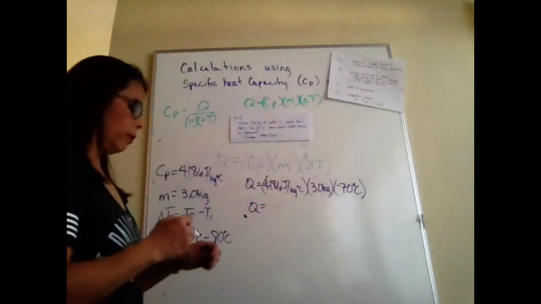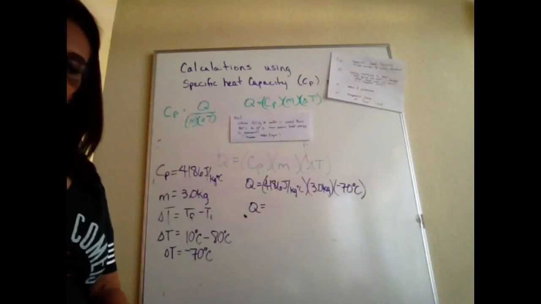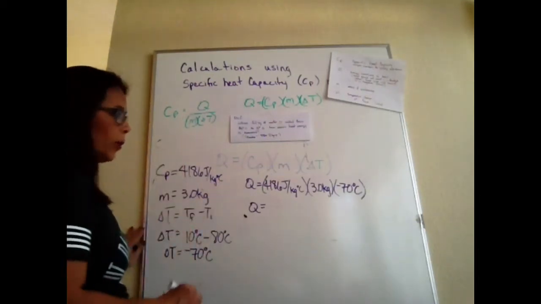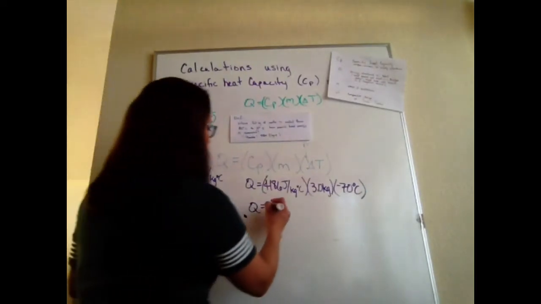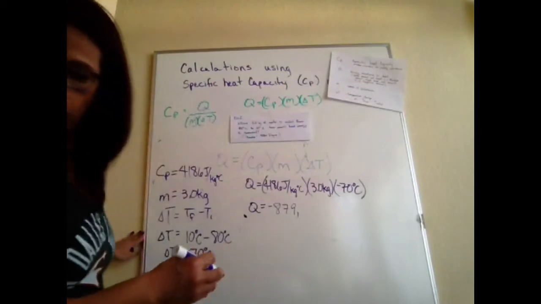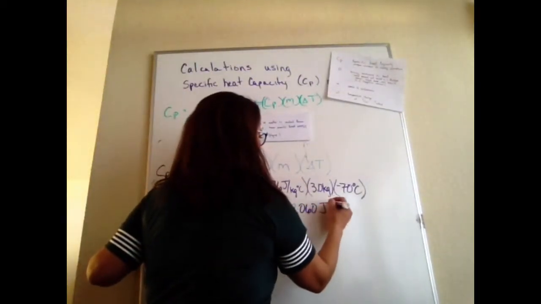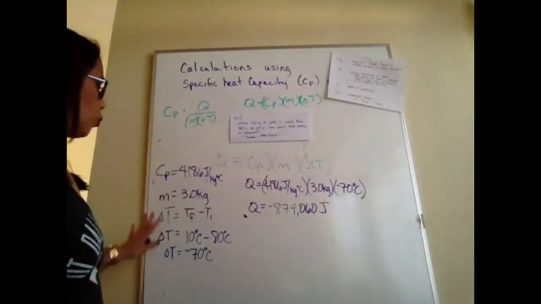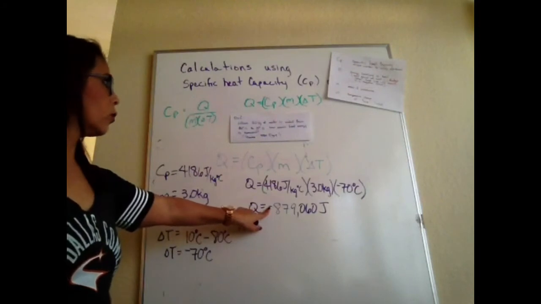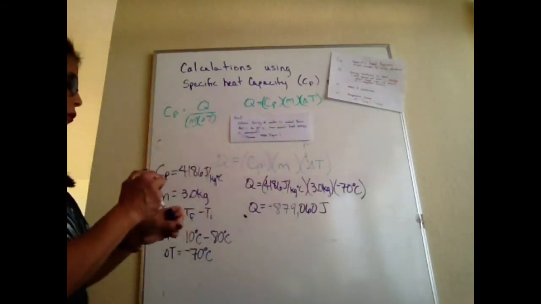Make sure that you remember that we do have a negative value in this so that you don't get a wrong number. My number at the end comes out to negative 879,060 joules. That is how much heat was released, because it's a negative number, it's lost, or removed, in this amount of water.